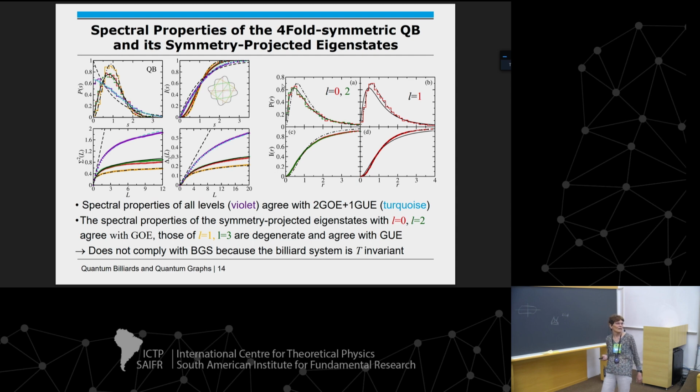No, not for the constant width billiard, but for other billiards. Yes, this you can have, it's called partial time reversal invariance violation. This case we even simulate in experiments. When you put a ferrite, magnetized from outside, into a microwave cavity, then you get something which is between GOE and GUE, so partial time reversal invariance violation. And for this case, there are also analytic results. Okay, thank you.